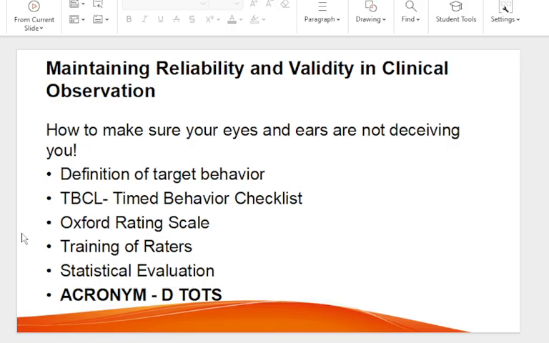Now, next on the list, we have training of raters. Training of raters takes a different approach. As the name implies, it requires us to train raters on what exactly is the behavior we are looking for. How does the behavior look like?